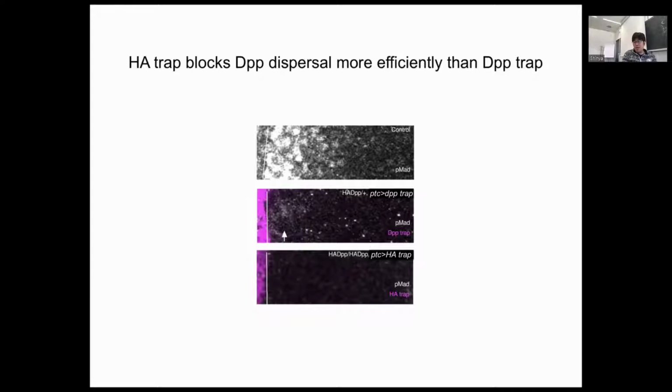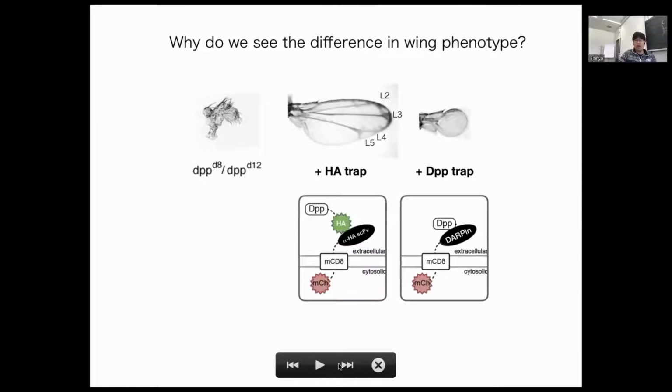So the idea that DPP trap blocks DPP dispersal more effectively seems wrong. Then why do we see a stronger phenotype with the DPP trap? This is a bit tricky, because if you interpret the HA trap result, you may think that DPP dispersal is not so important.